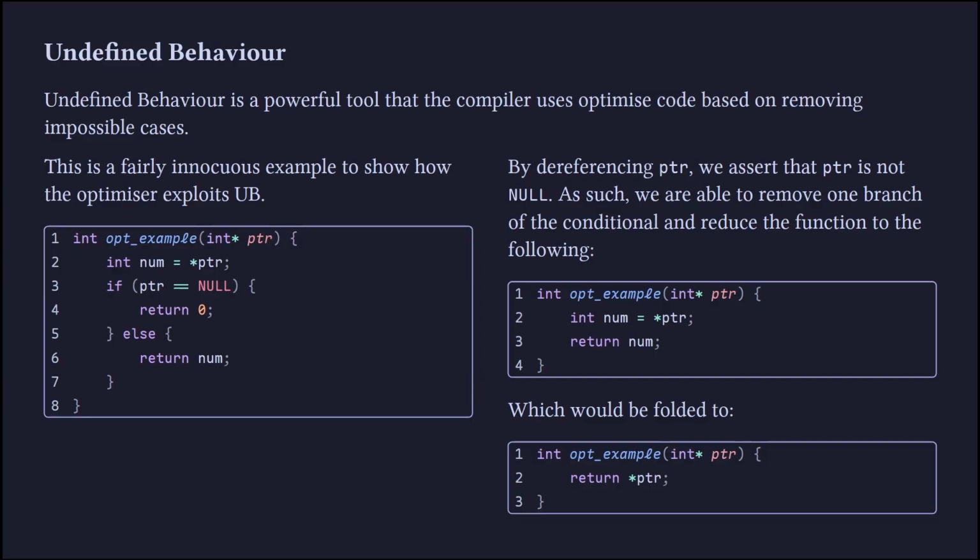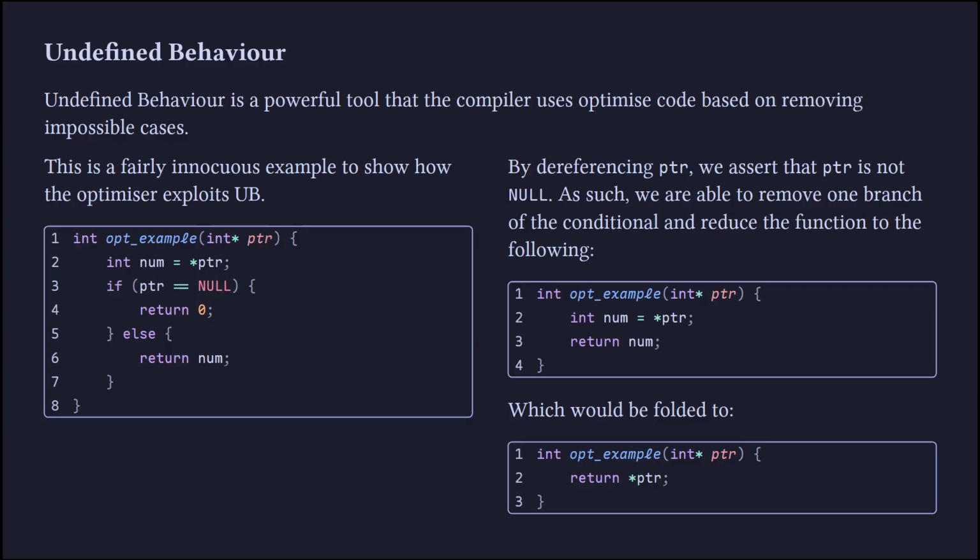It's not something that occurs, and therefore it can get rid of that branch and just perform the else. And of course, with a bit of inlining to make things simpler, it just returns the dereference straight up.